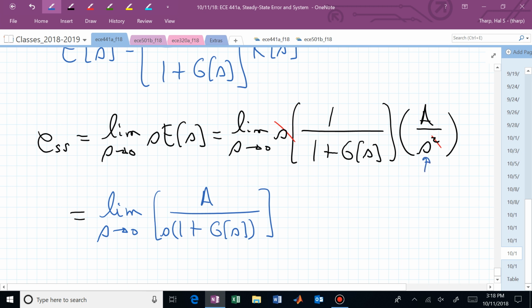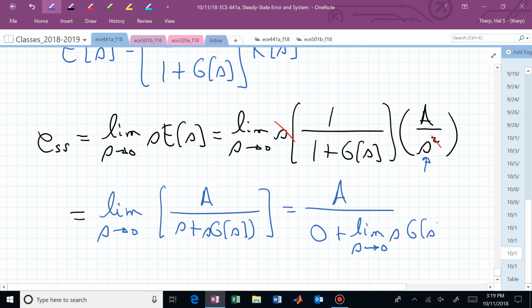And now as s goes to 0, this s distributes. We have an s there and an s there, and this particular s is going to go to 0 as we let s go to 0, so this becomes in the limit a over 0 plus the limit as s goes to 0 of s g of s.